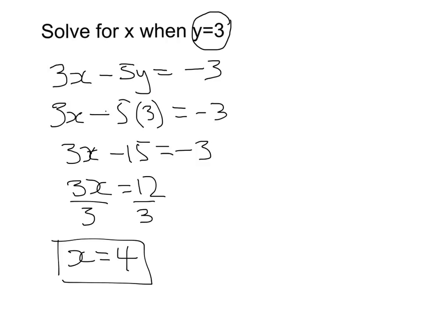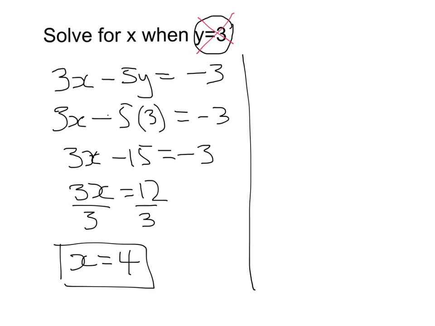So now what I'm going to do though is I'm going to switch it up on you. Instead of making y equal to 3, I'm going to make y equal to 2x plus 4. So now instead of y is equal to 3, we've got y is equal to another equation. But it's still the same concept.